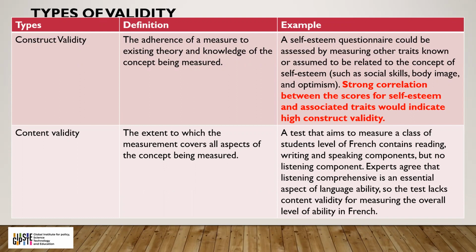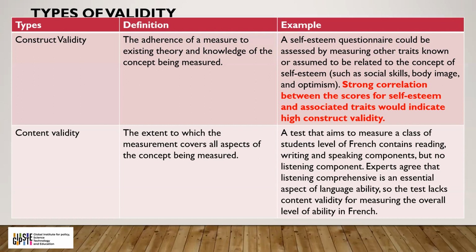Another type is content validity. Here, we measure the extent to which the measurement covers all aspects of the concept being measured. For example, a test that aims to measure a class of students' level of French contains reading, writing, and speaking components, but no listening component. It means it is neglecting the component of listening.